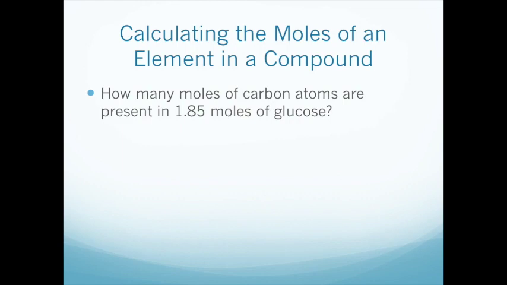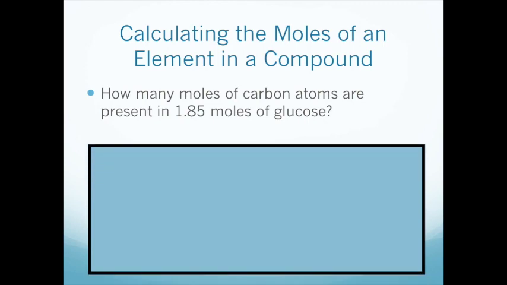So now we're going to calculate the number of moles of carbon atoms present in 1.85 moles of glucose. So, we have given the moles of glucose, and we're looking for moles of carbon atoms. So we start by figuring out what the subscript of carbon in glucose is.